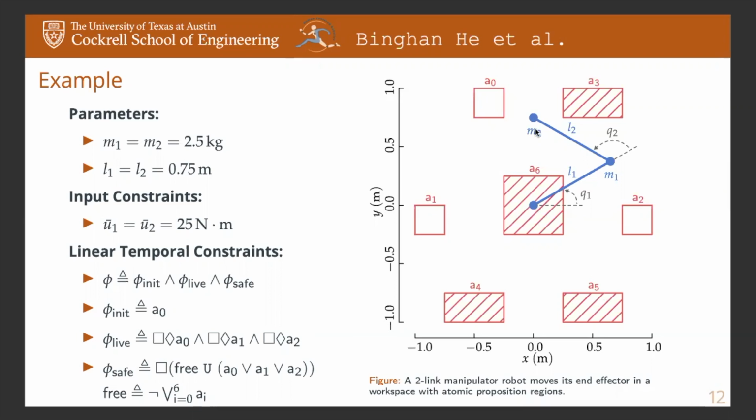But to make this problem more interesting, sometimes you may have a temporal logic specification that constrains the motion of your manipulation tasks. So here we design a set of temporal logic constraints. We have the robot start from region A0, and we want the robot end effector to visit A0, A1, and A2 infinitely often, and never go to any shadow regions.